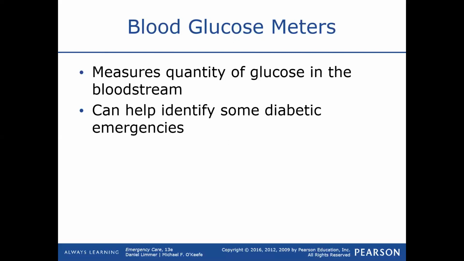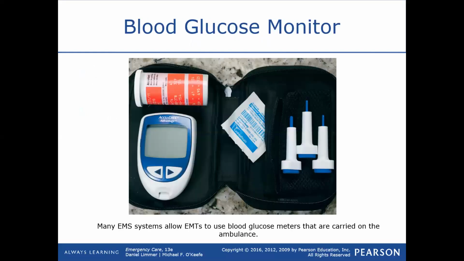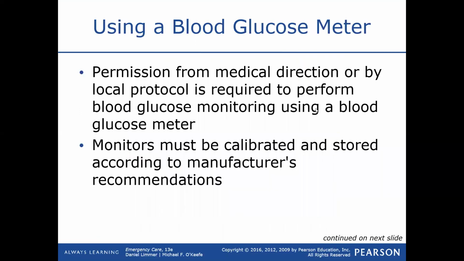Even if they don't have a diabetic history, we can just poke them real quick. It's pretty harmless. There's a whole procedure on how to do it. We will demonstrate for you. But this is a very important number to get, especially on the diabetic history patients, but very much so on any altered mental status patient.